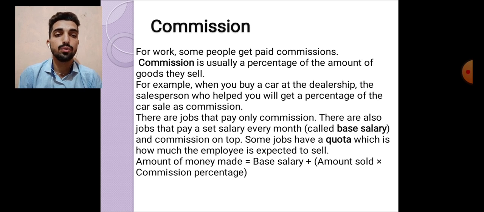There are jobs that pay only commission. There are also jobs that pay a set salary every month, called a base salary, with commission on top. Some jobs have a quota, which is how much the employee is expected to sell. Amount of money made equals base salary plus amount sold multiplied by the commission percentage.